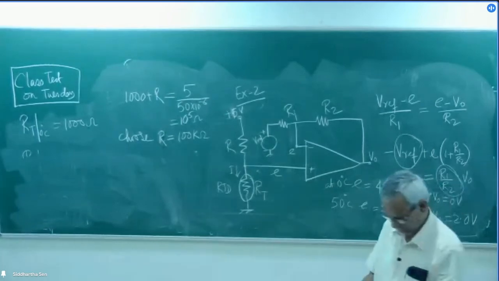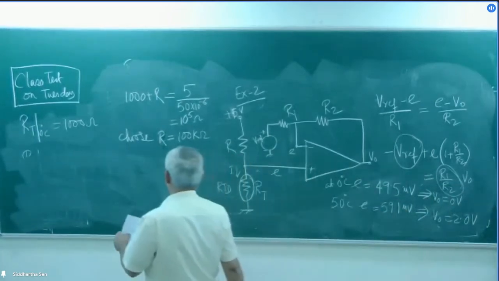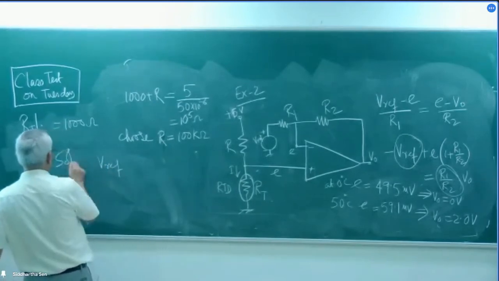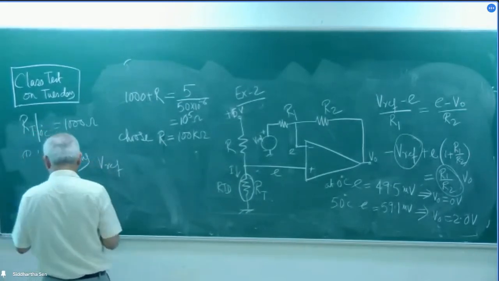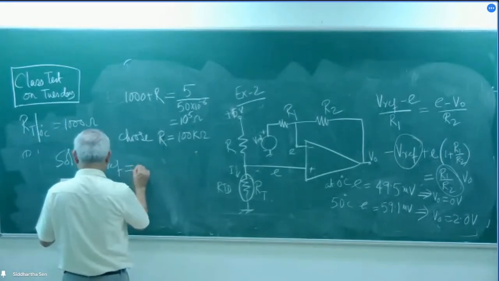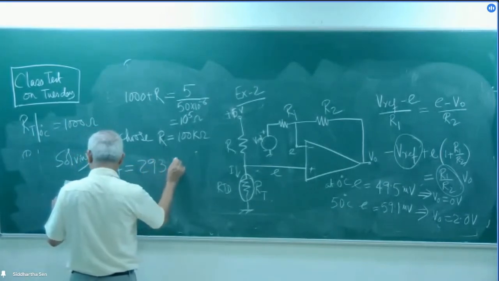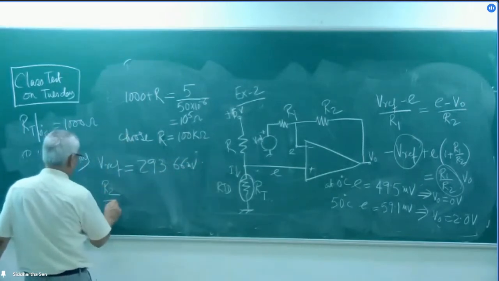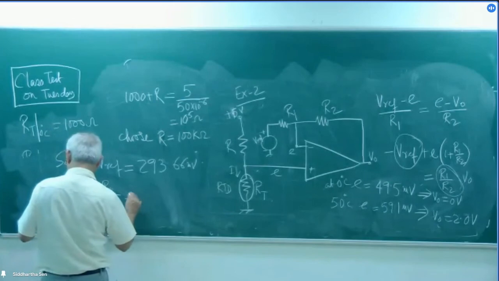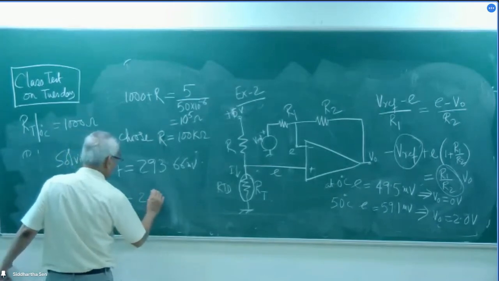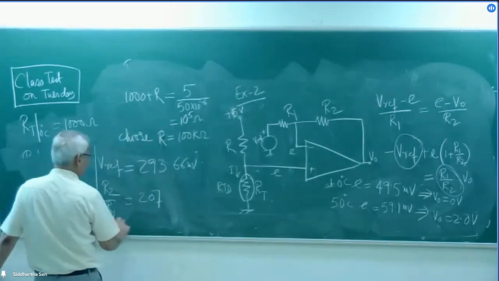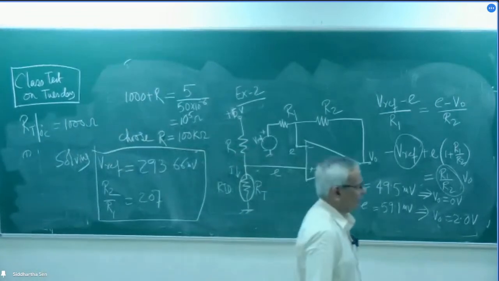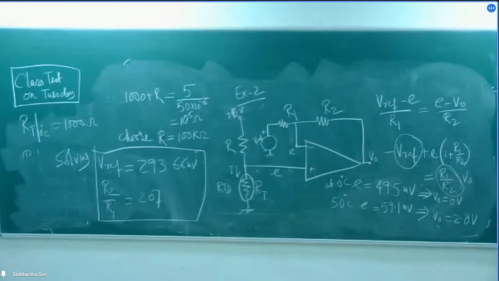By solving, according to my calculation, V ref is equal to 293.66 millivolt, and R2 by R1 is equal to 207. Please check it. Accordingly we can choose R1 and R2, and design the circuit in this manner.